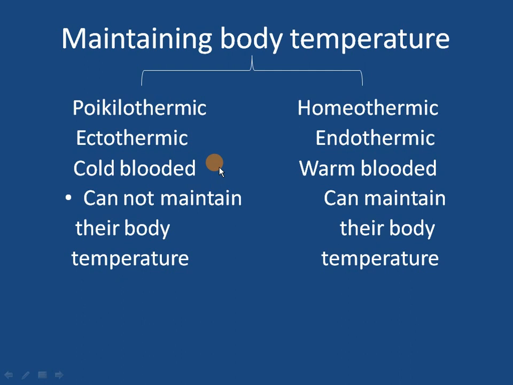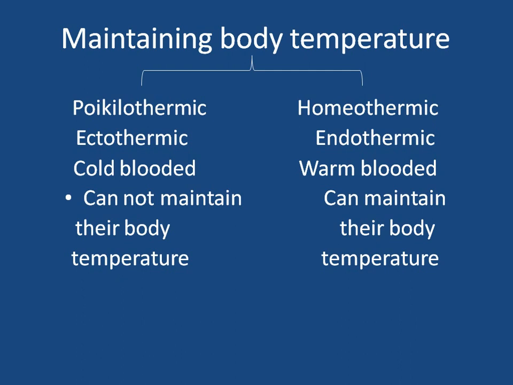On the contrary, homeothermic organisms are also called endothermic. Means they can generate body temperature inside the body. Endo means inside. Okay, they are not dependent upon external temperature for having the temperature in their body. They can very easily maintain their body temperature. So the organisms which can maintain their body temperature are homeothermic organisms.